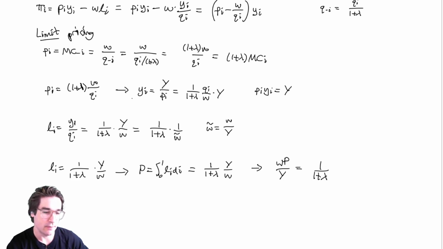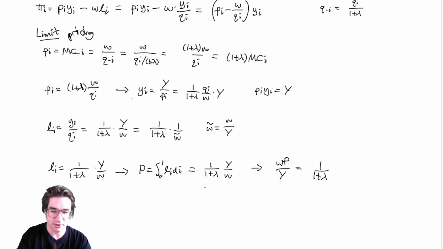If they're making 0 profits, then the profit share is very small, which means the labor share must be large, close to 1. Conversely, if lambda is very large, they're almost like a monopolist. Their trailing firm competition is extremely unproductive, and they're going to be making a lot of profits. You can see here that means the labor share would be small. We'll see the flip side of that on the profits later on. But for now, the important thing is P is equal to 1 over 1 plus lambda times Y.